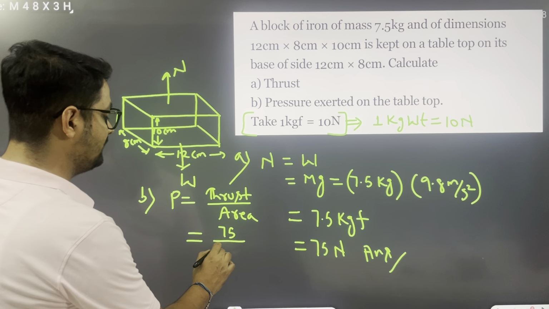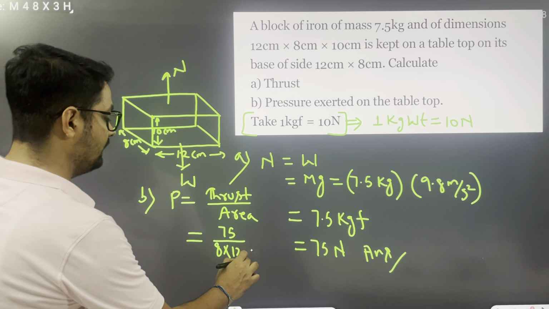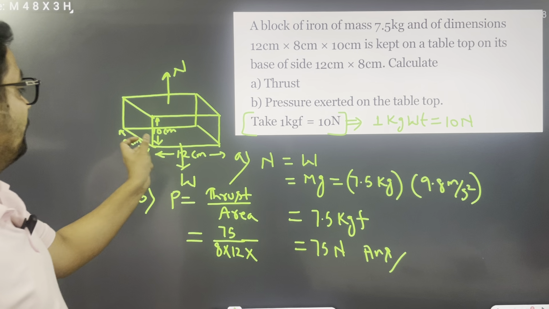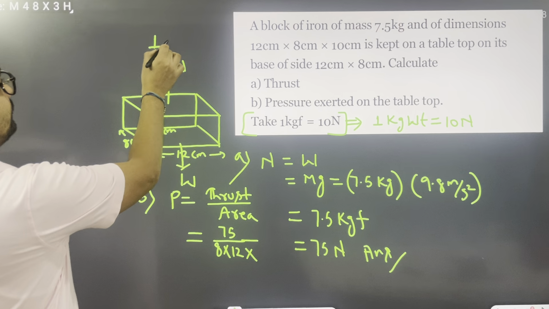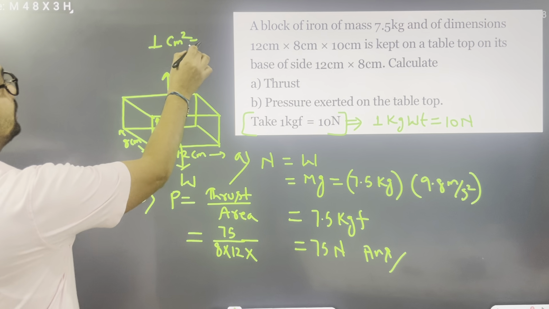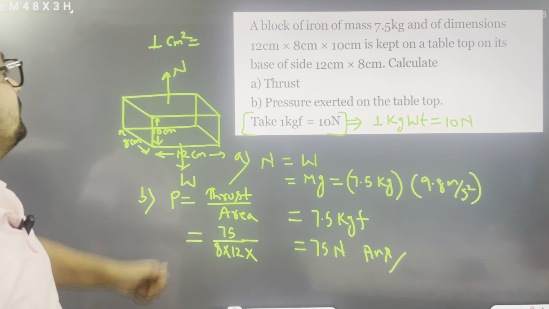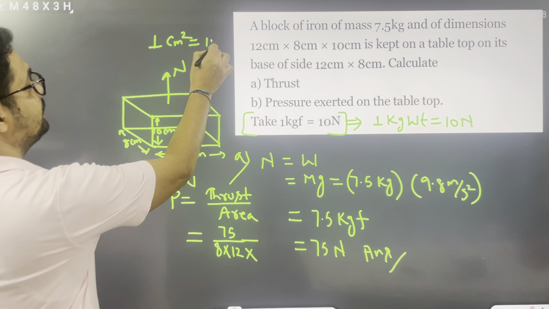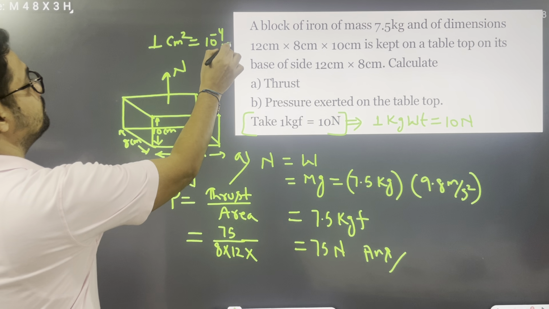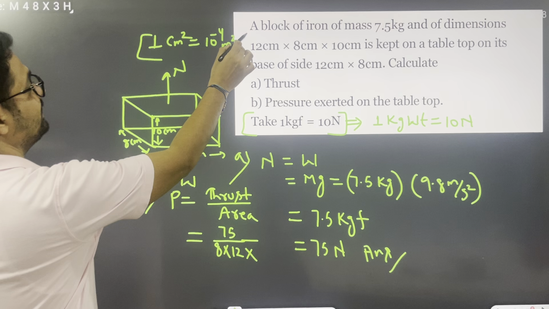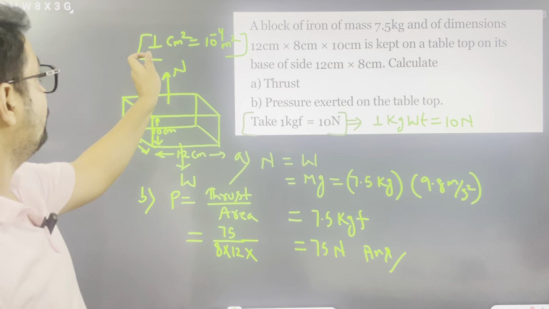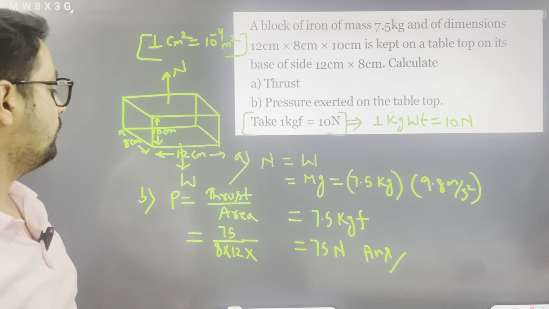So here 8 into 12 into 1 centimeter square. When you will convert in meter square, it will be 10 to power minus 2 whole square. It will be what? 10 to power minus 4 meter square. Because in 1 centimeter 10 to power minus 2 meter. So in 1 centimeter square it will be 10 to power minus 4 meter square.